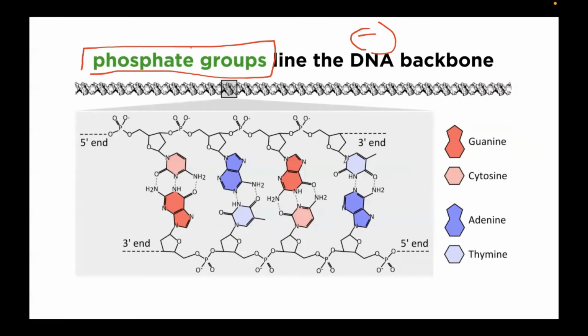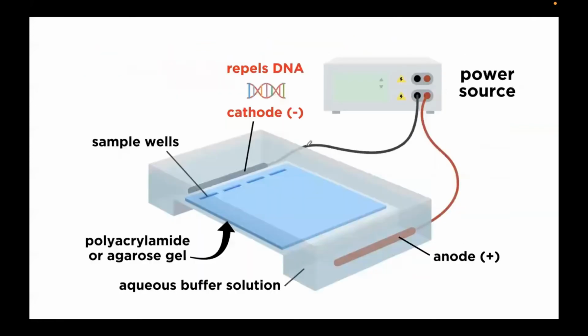So, kung mapapansin nyo dito, itong mga oxy and ion na to ang responsible sa pagiging negatively charged ng inyong mga DNA. So that being said, your DNA will migrate towards the anode kasi negatively charged siya. So, opposites attract, so it will migrate towards your anode.